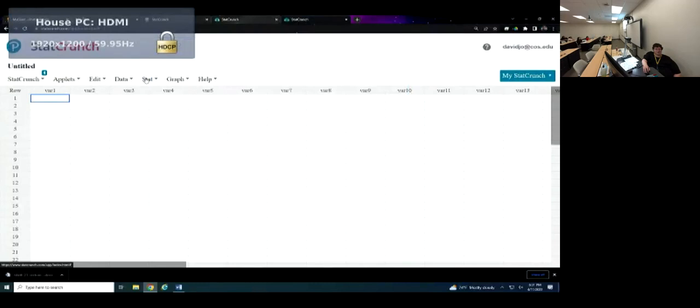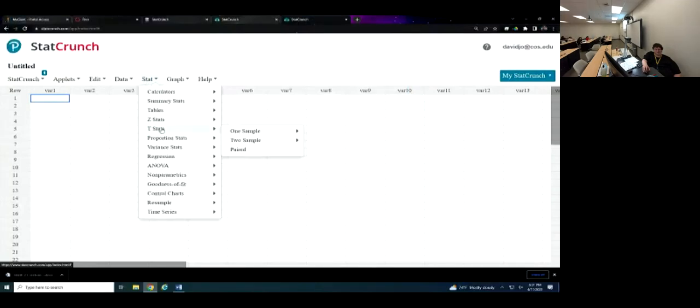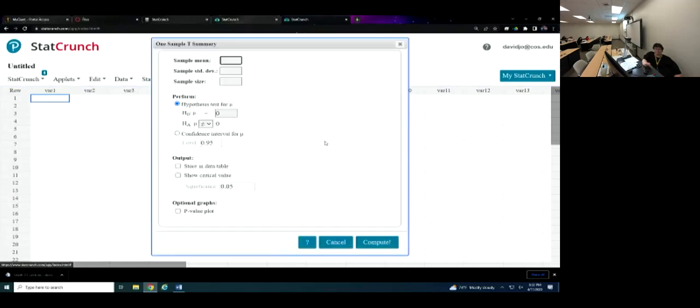All right, so we're gonna go stats, T-stats, one sample with summary. They asked us for the information I already wrote down. The sample mean was 5708.